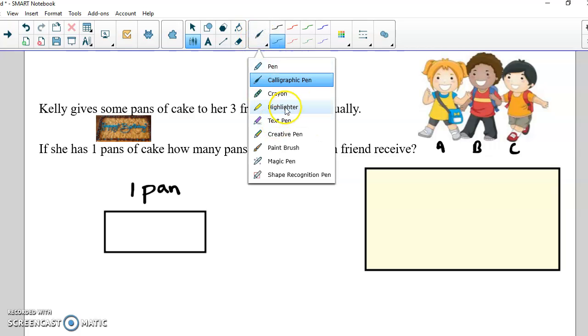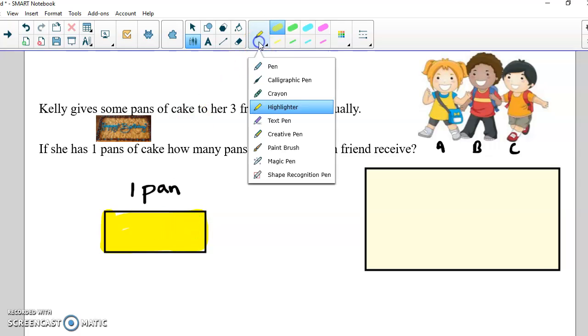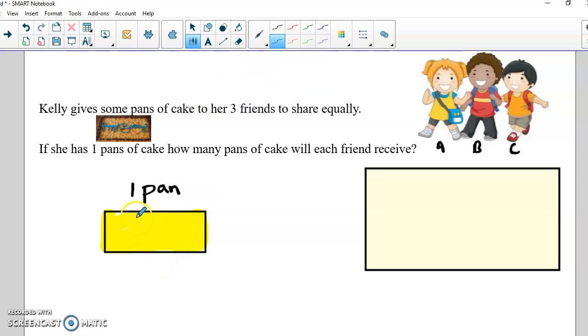Okay, so we have 1 full pan of cake here. And then I bet some of you went, and if you're going to share it, you have to cut it equally. So then person A would get this piece, person B would get this piece, and person C would get this piece.